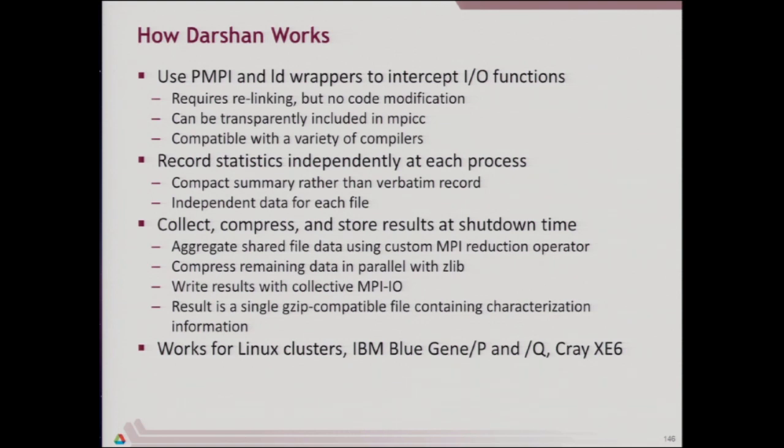With various MPI profiling tricks, using the profiling interface, we capture the MPI calls. And then we use some linker wrapper tricks to capture the POSIX calls. We do have to relink the applications, but once you've done that, from that point on, logs just show up in the file system, ready to be captured and studied later.